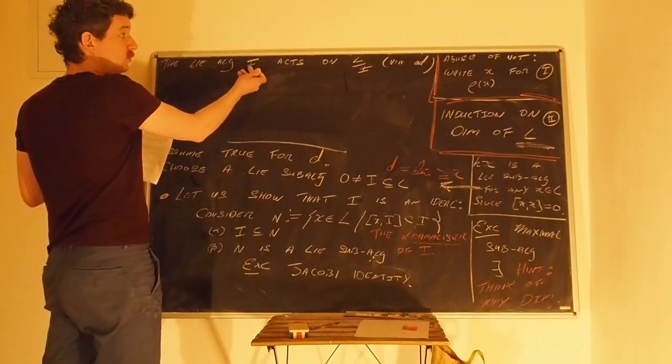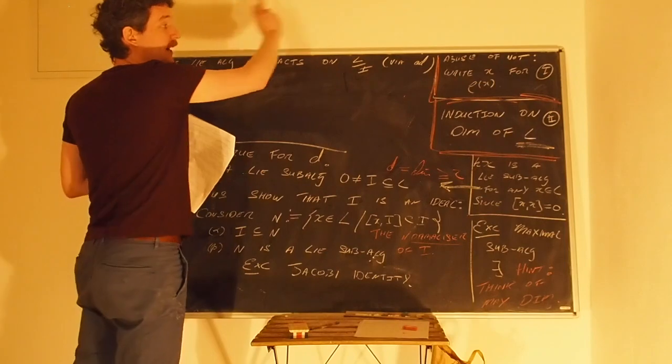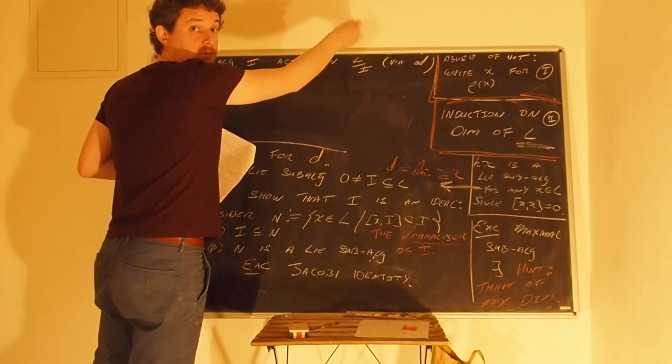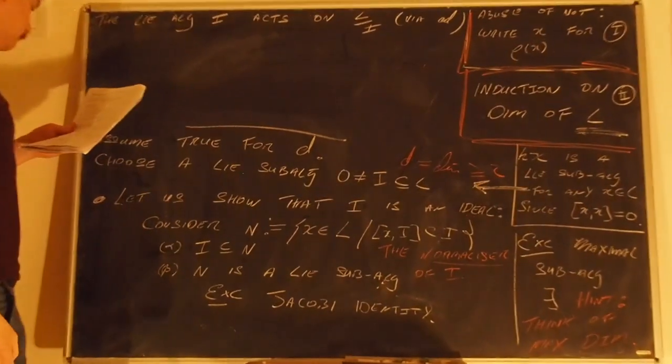Or you can just, we're using ad and giving us the embedding of ad into the general linear group of this space.